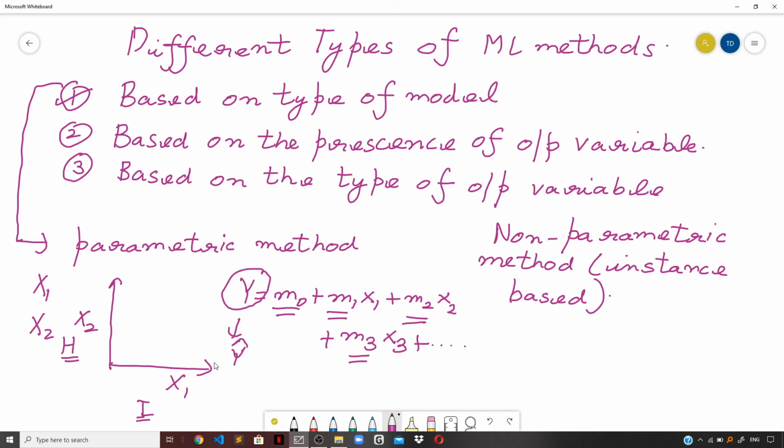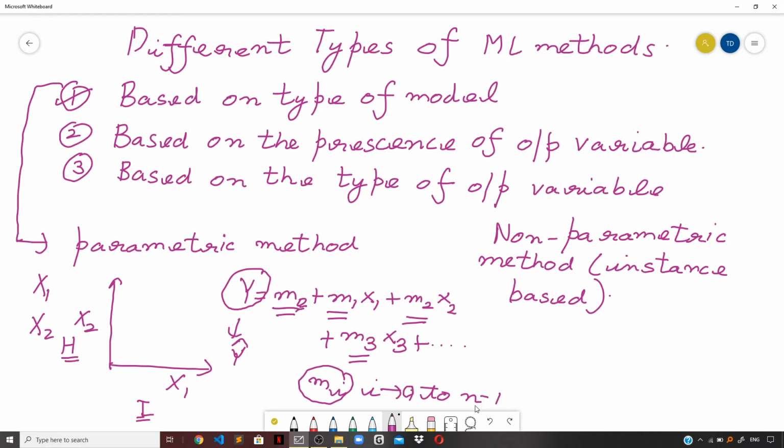Now the problem is reduced to finding a set of parameters that are denoted using mi, where i varies from 0 to n such parameters, or to be precise, 0 to n minus 1 such parameters.